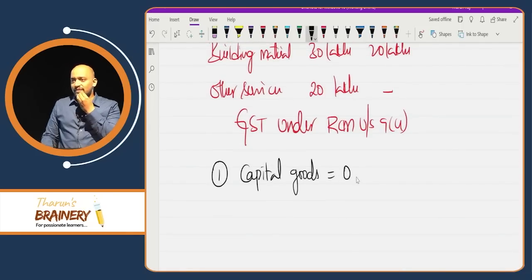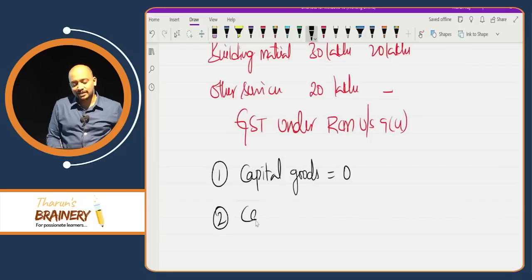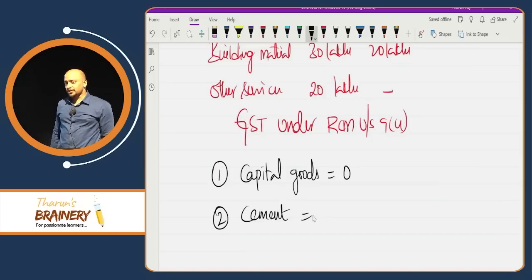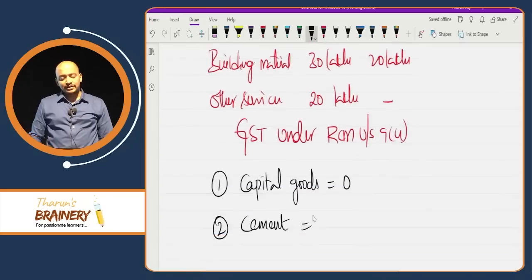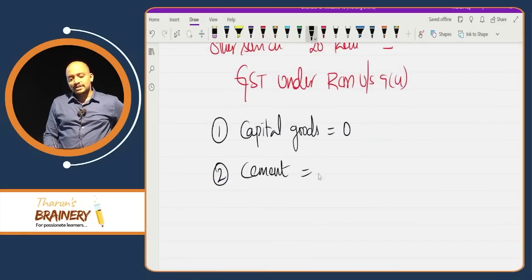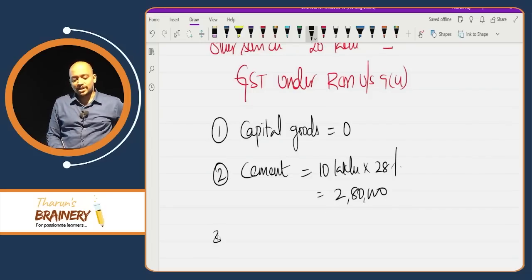Okay. Second step, cement. Cement, on purchases from registered person, should we pay GST? No. On purchase from unregistered person, how much? 10 lakhs. So 10 lakhs into 28%. 2 lakh 80,000. Then next, number 3.